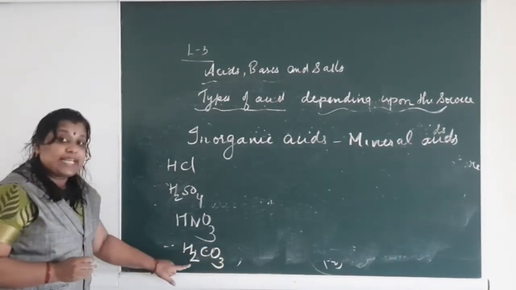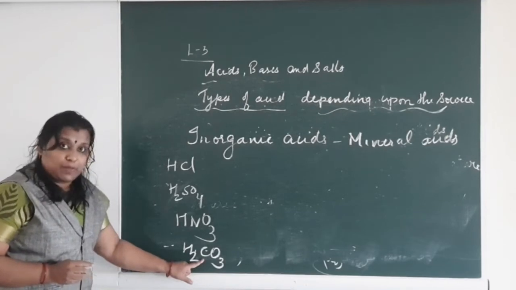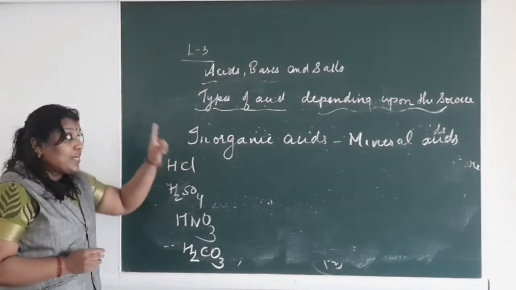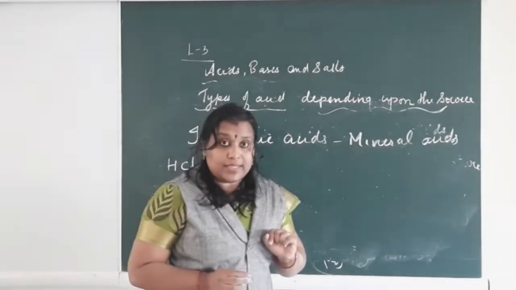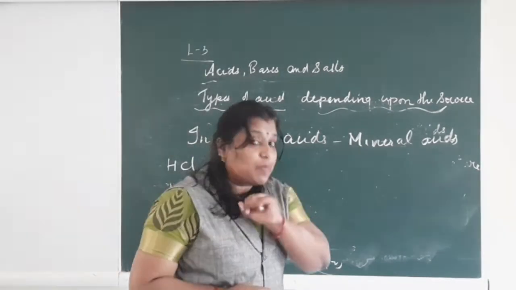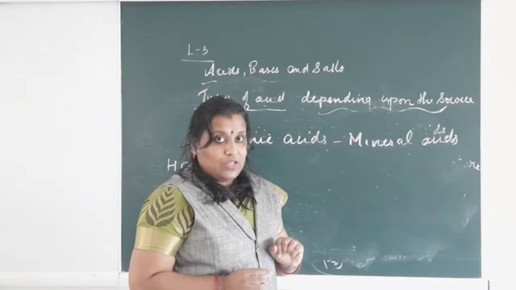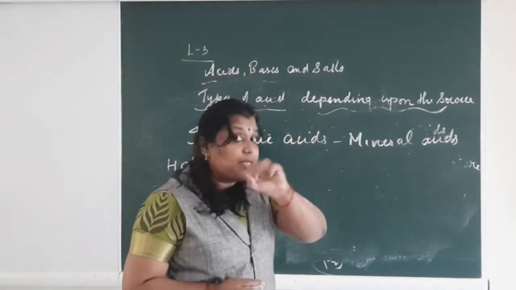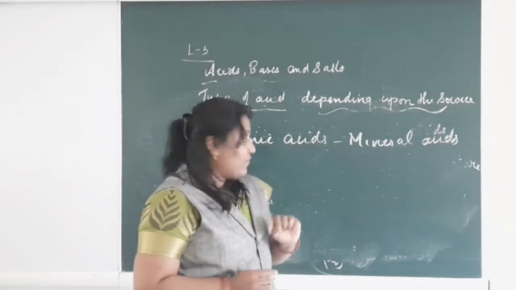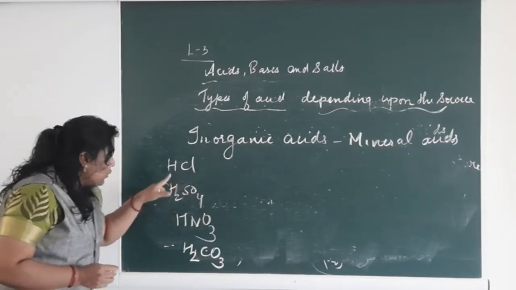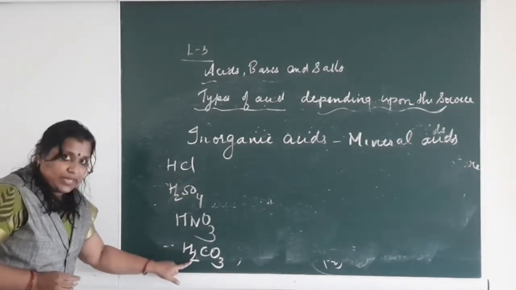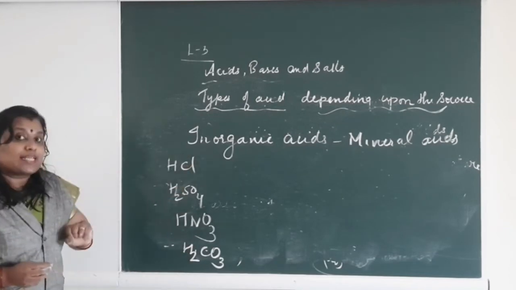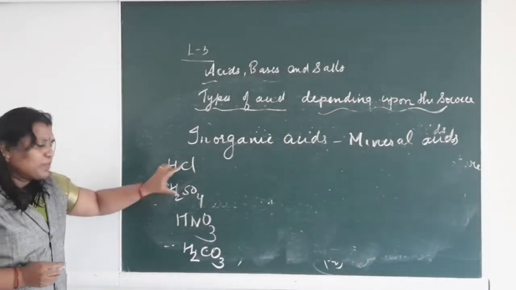But in organic acids, the source is plants, the source is nature, so carbon is an important constituent. In mineral acids you don't find carbon, except for carbonic acid. And most of the mineral acids are strong.